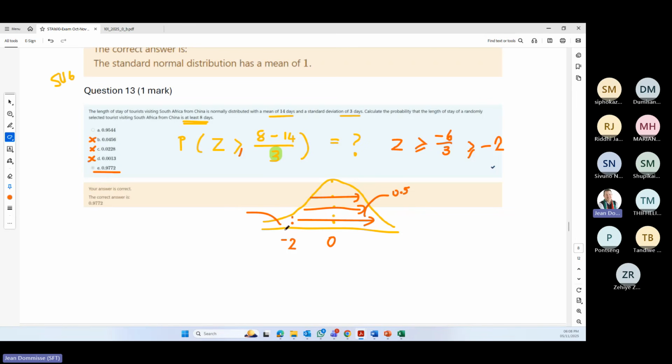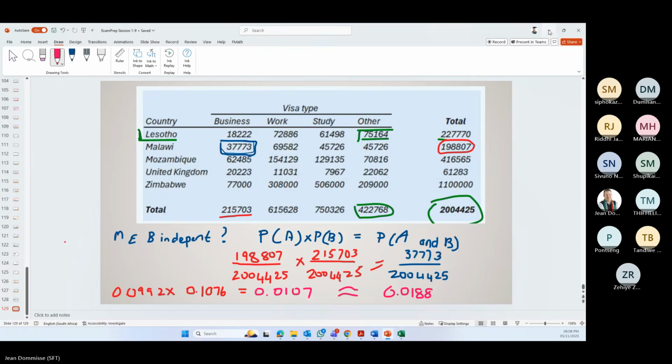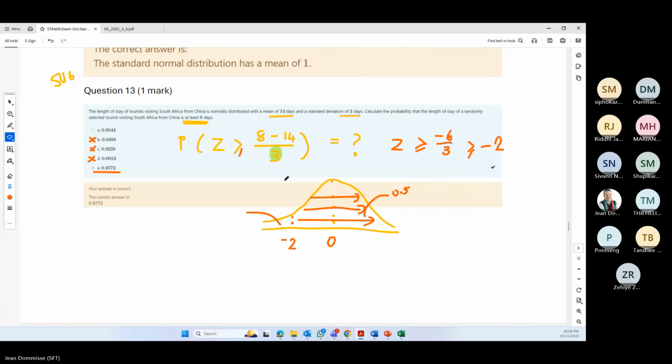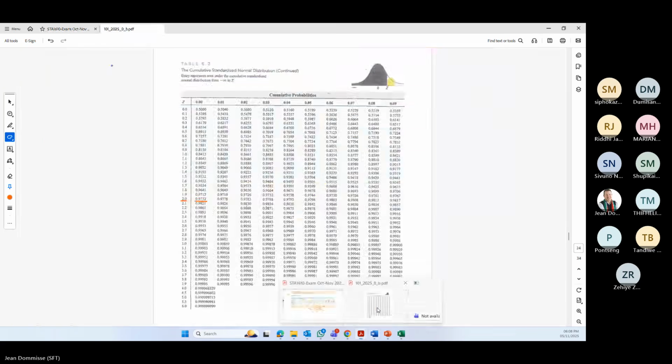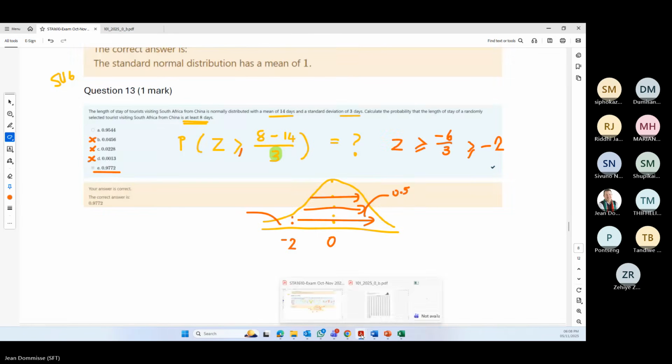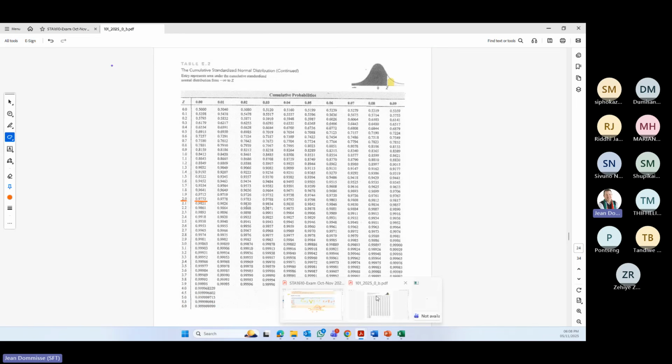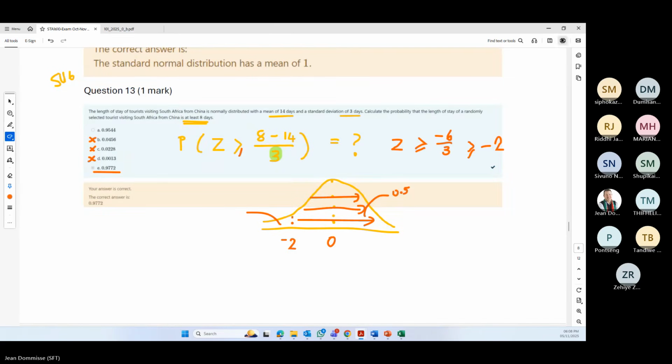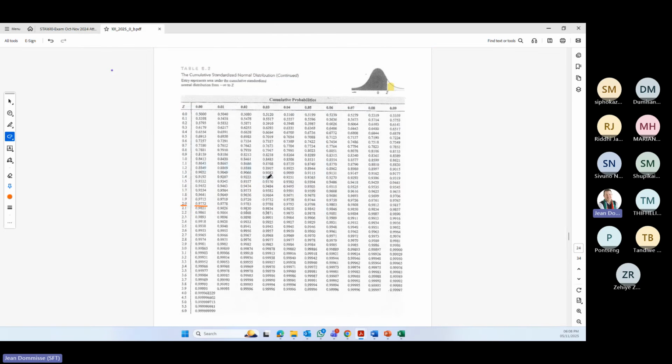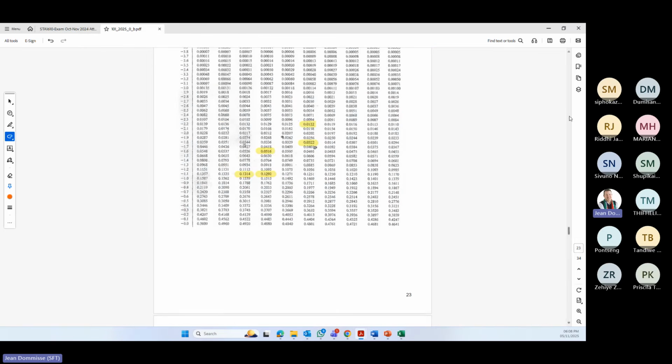So let's see what is negative 2. Negative 2, so let's quickly check.